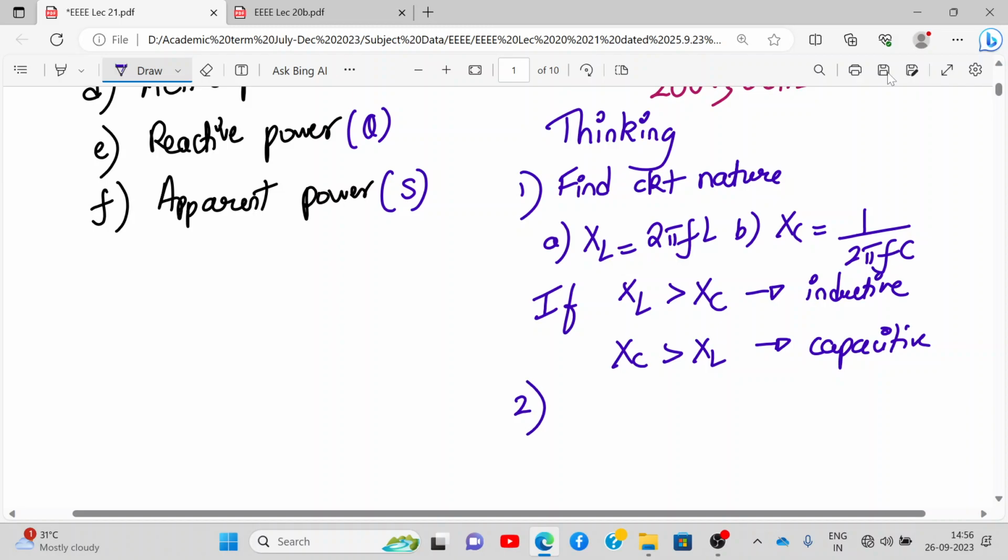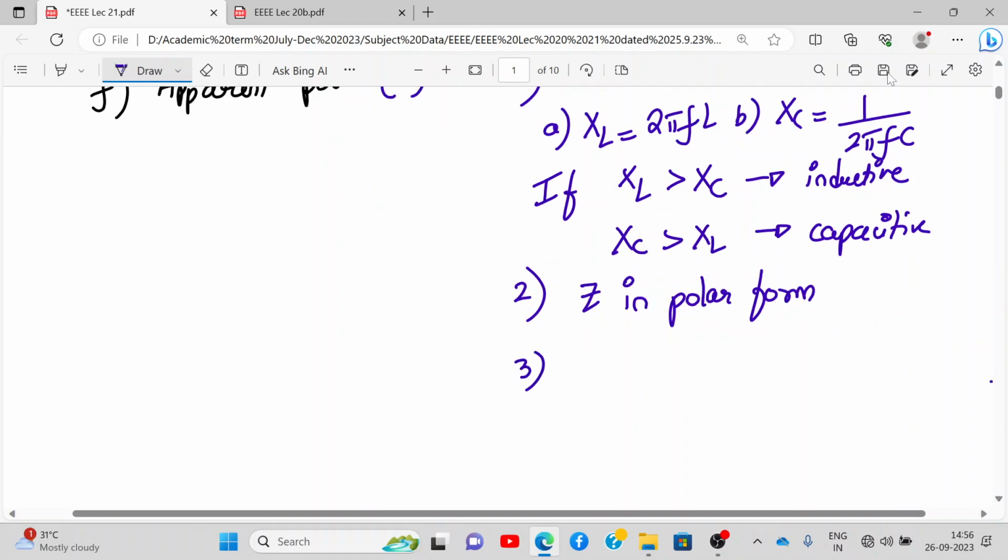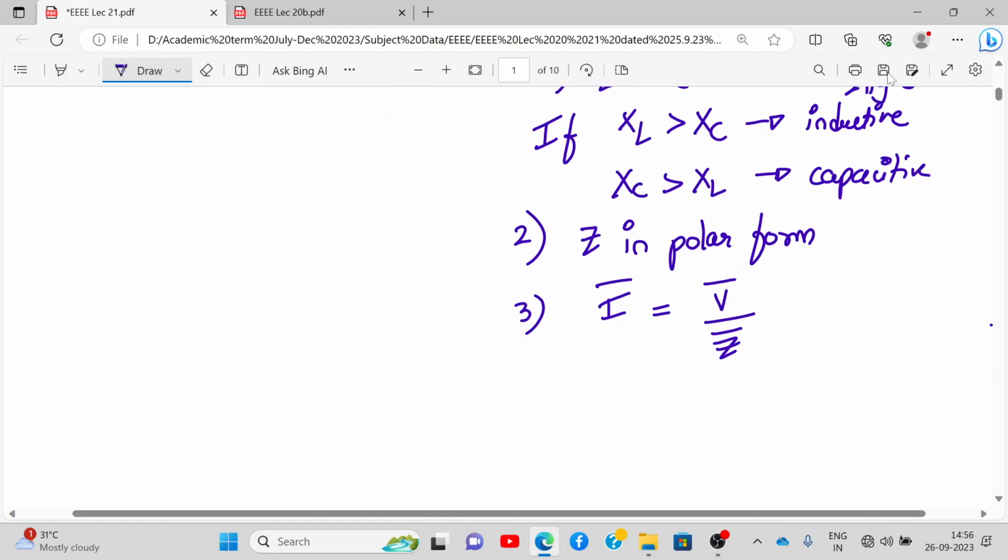The next step is to express Z in polar form. Now you can calculate I, which is V by Z. Then the fourth step is to calculate the power factor, which is cos phi. Fifth, calculate P, which is VI cos phi.